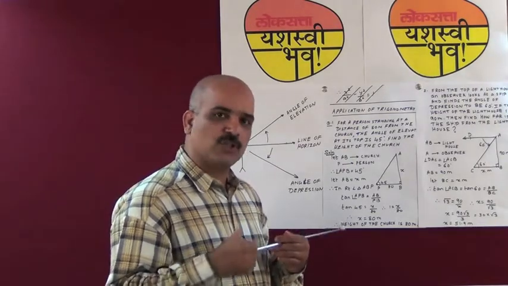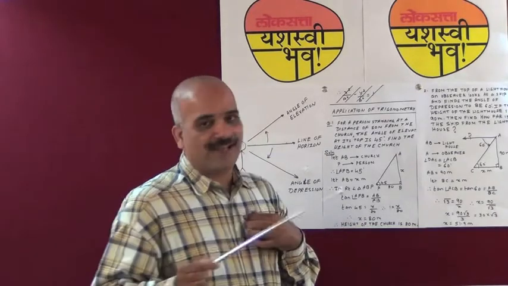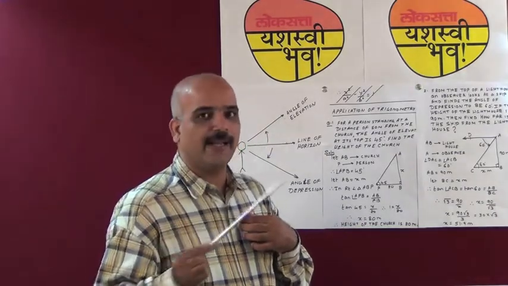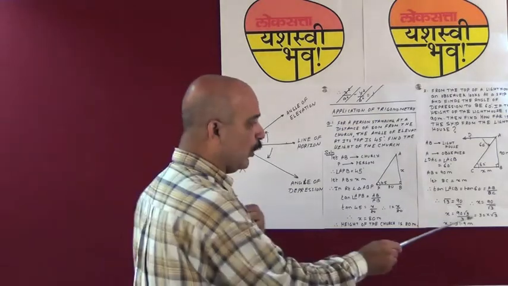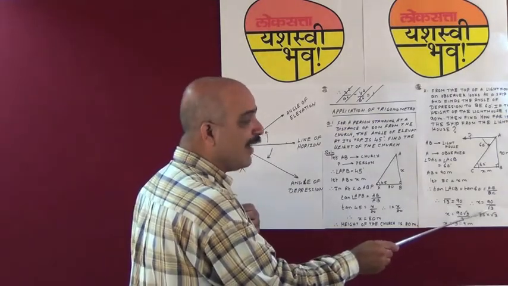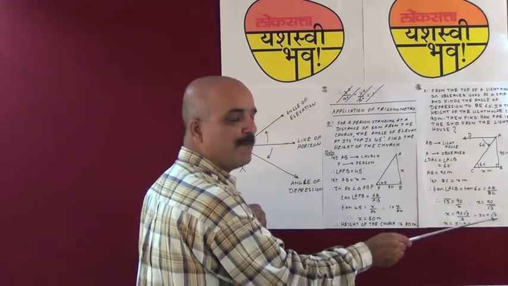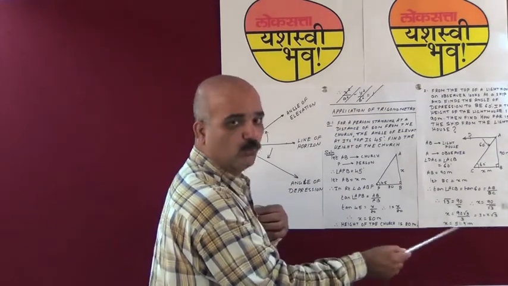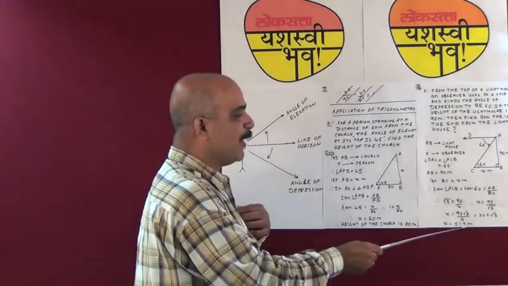In case the value is not given, you can always keep it as 30 root 3. But if the value is given, it is not a good idea to keep it because marks may be deducted for that. So I would request my students, if the value is given for root 3, please put the value, that is 1.73 or 1.732, whatever is given in the question. Multiply it, the answer is 51.9.